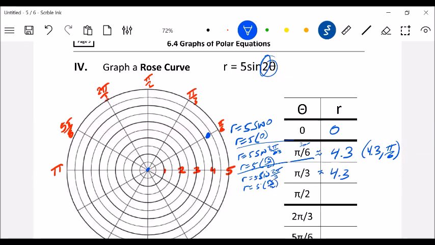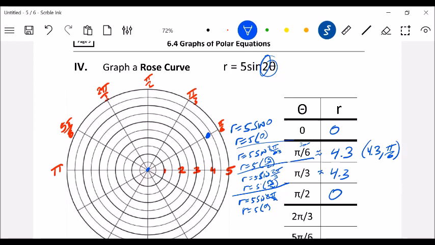Then with pi over 2, r equals 5 sine of 2 times pi over 2, the 2's cancel, so it's sine of pi, and at pi the sine is 0. So we're back to a 0 here.